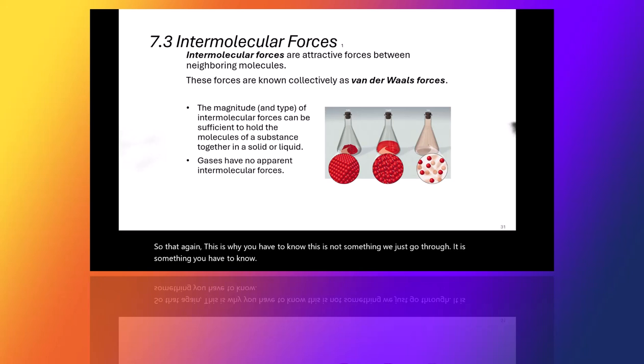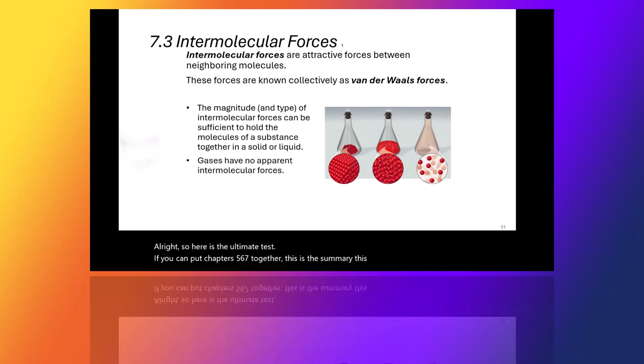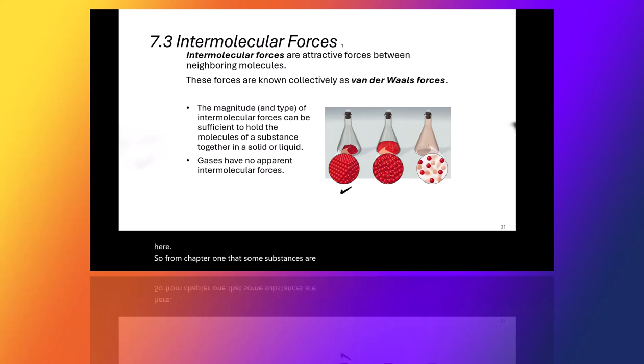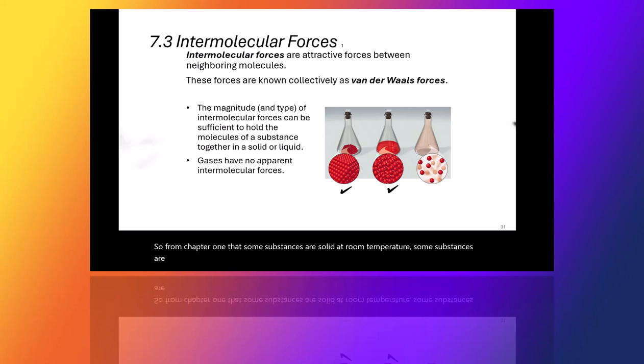All right, so here is the ultimate test if you can put chapters 5, 6, 7 together. This is the summary. This is what we're shooting for right here. So you know from chapter 1 that some substances are solid at room temperature, some substances are liquid where the molecules are free to move around each other. They're not held in a fixed position. And then we have gases where each atom or molecule is acting independently.